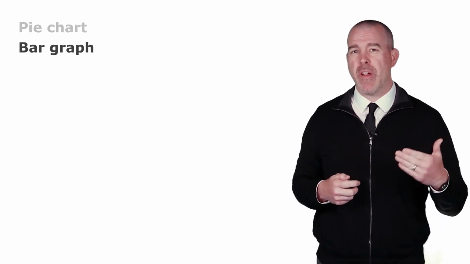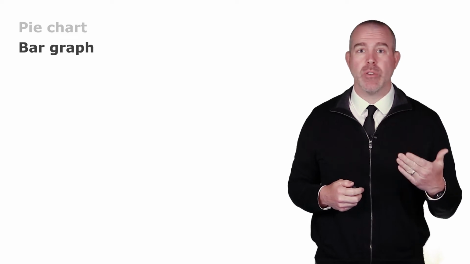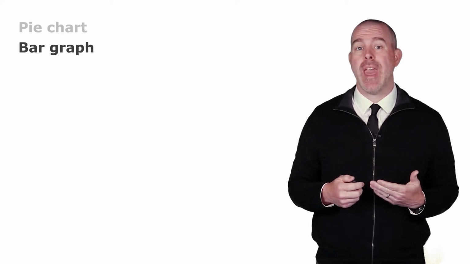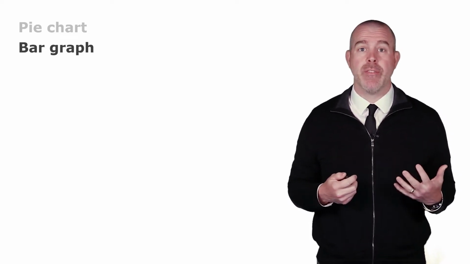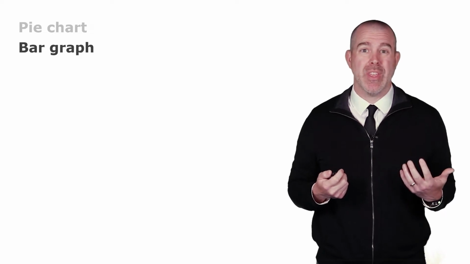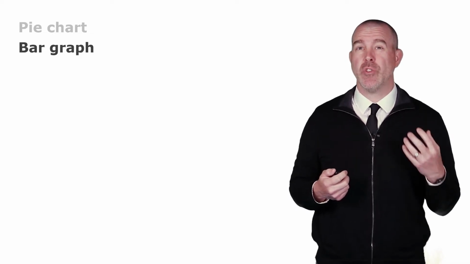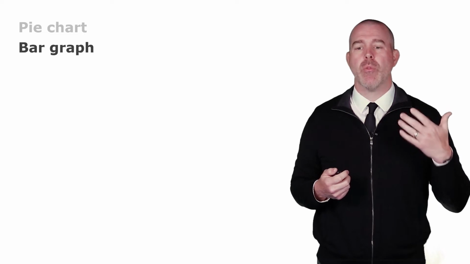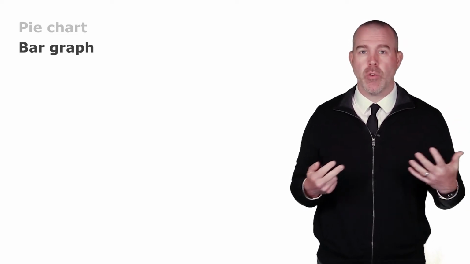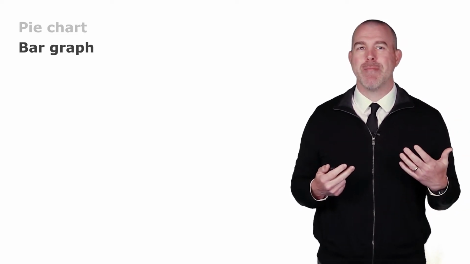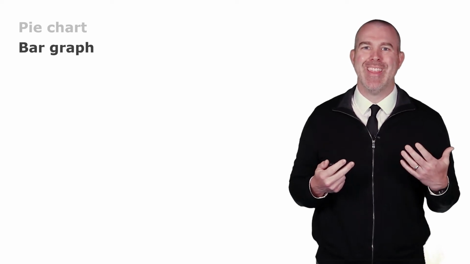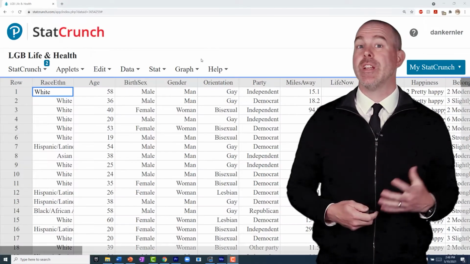Another important thing you can do with bar graphs is actually show a relationship between two variables where you have the variable you're interested in, maybe it's out to family, but then you can split that up by another variable. In this case, we're going to look at birth sex. This one is a little tricky in StatCrunch because we want to graph out to family and we want to group it by birth sex, but it doesn't work the way that you think it would in StatCrunch. So we're going to start the same way.